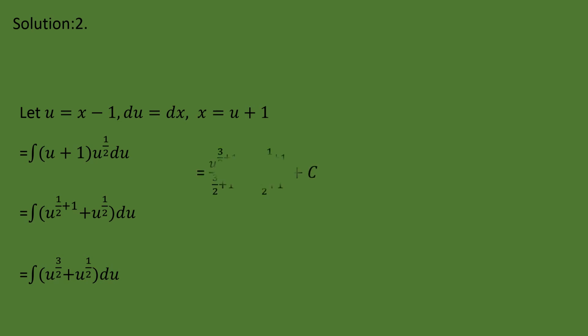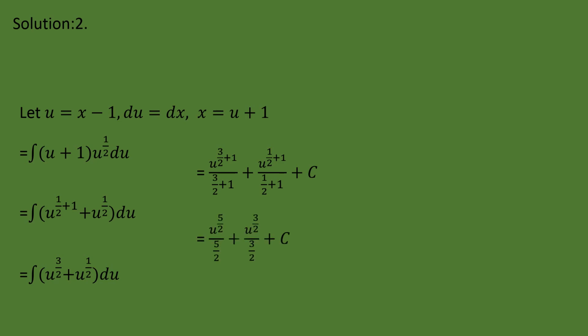Using the formula for integral, we add 1 to the exponent. So we have u raised to the power of 3 over 2 plus 1 over 3 over 2 plus 1. On the other term, we also add 1. So we have u raised to the power of 1 half plus 1 over 1 half plus 1, plus c.